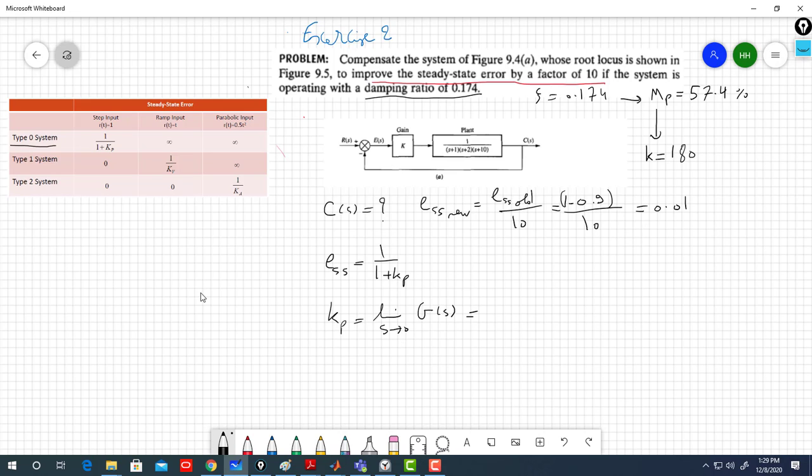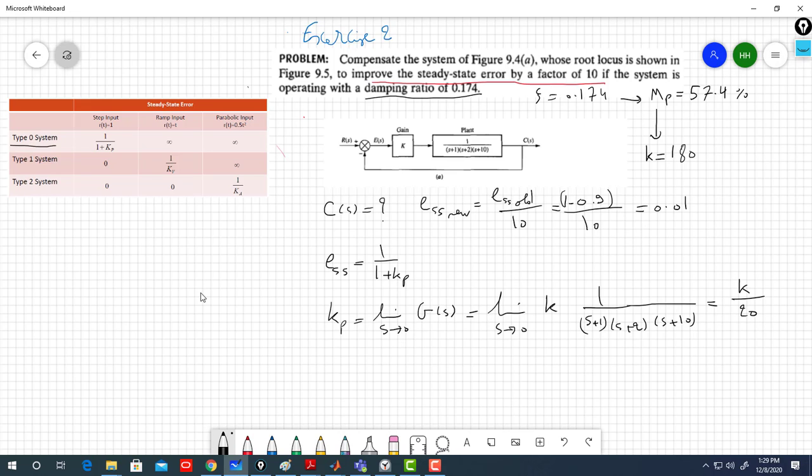G of s is the open loop transfer function, so it is the limit when s tends to 0 of K times 1 over s plus 1, s plus 2, s plus 10. So it equals K over 20.